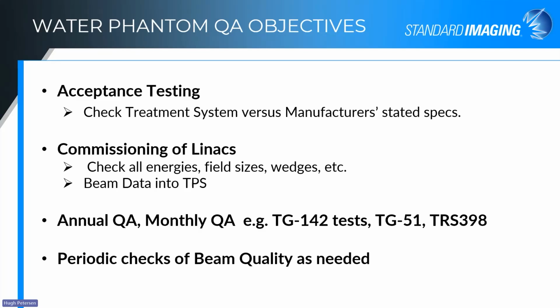If you're seeing that maybe your daily measurements or your monthly measurements aren't quite up to snuff and aren't the quality that you want, you may pull out your water phantom to check those. And of course, after say a major repair or upgrade on your Linac as well. So that's obviously what your objectives are for water phantom QA.